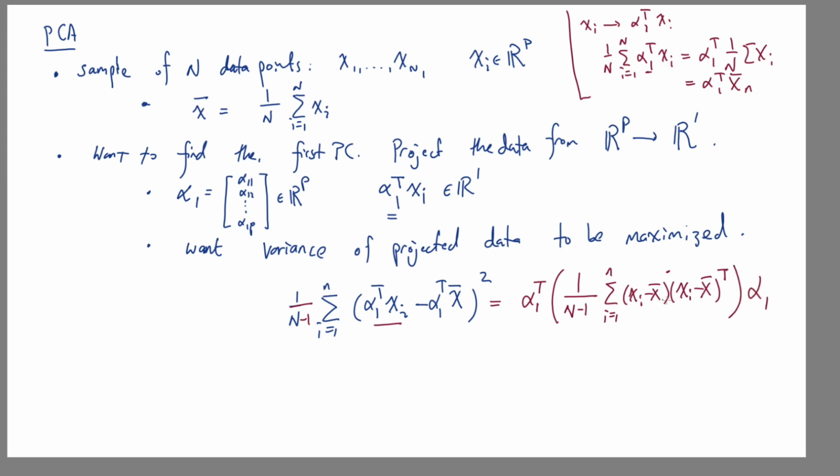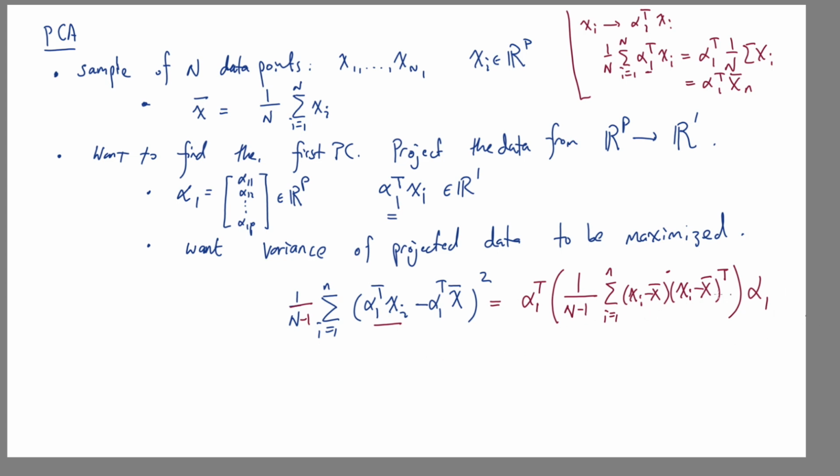Okay, so I won't prove this, but you can kind of convince yourself that these two things are the same. Because we have a squared term, you can take the alpha 1 out the front and out the back here, so we get this expression.